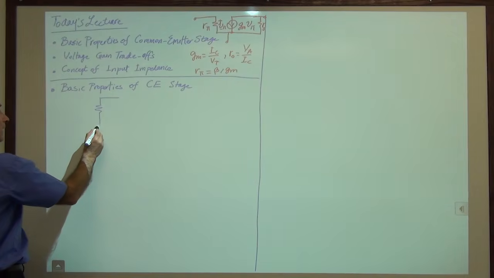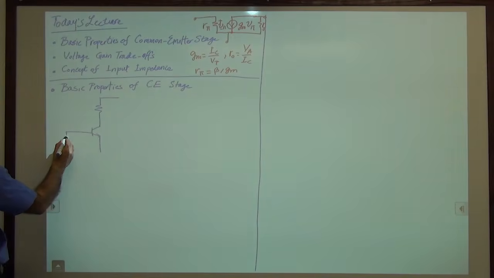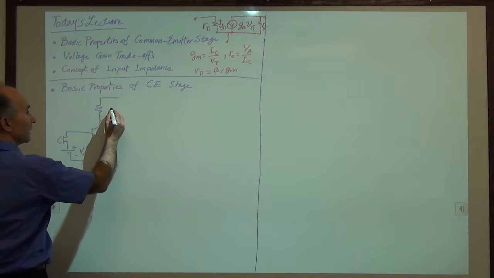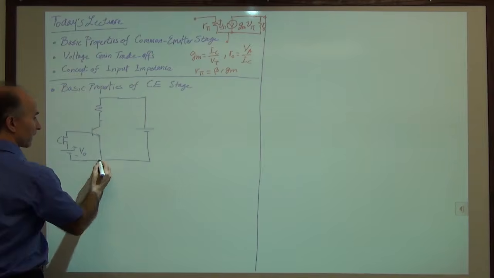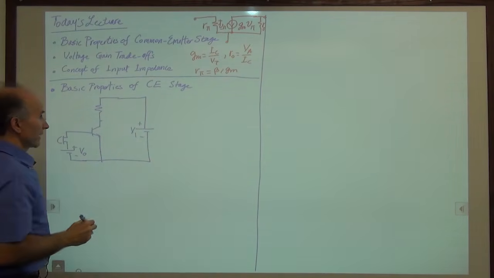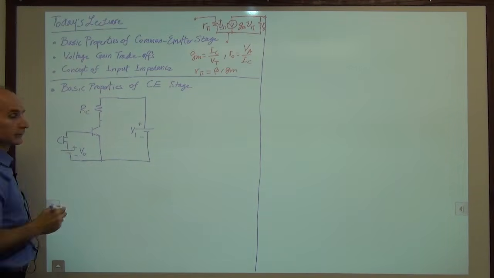We have a resistor connected to the collector, and to the base we have connected our microphone and a bias voltage, which we call V_0, and then the other battery, V_1, is connected here, and that's how we ensure that the device is biased correctly.